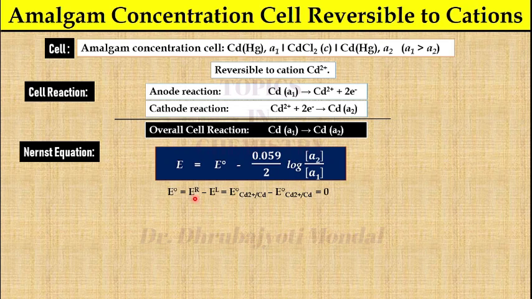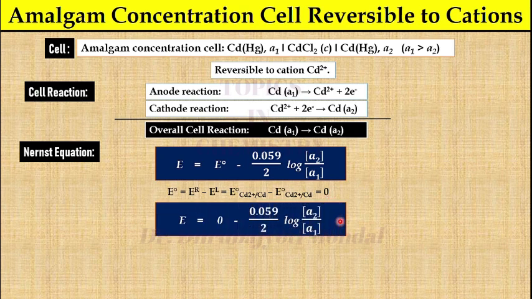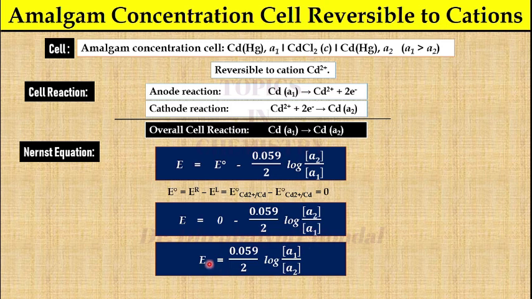So E0R means E0 cadmium 2 plus cadmium minus E0 cadmium 2 plus cadmium. Both cells are the same. So I can write, E0 of the cell is equal to 0. Therefore, you can write E is equal to 0 minus 0.059 by 2 log activity of A2 by activity of A1. And finally, you can write E is equal to 0.059 by 2 log activity A1 by activity A2.